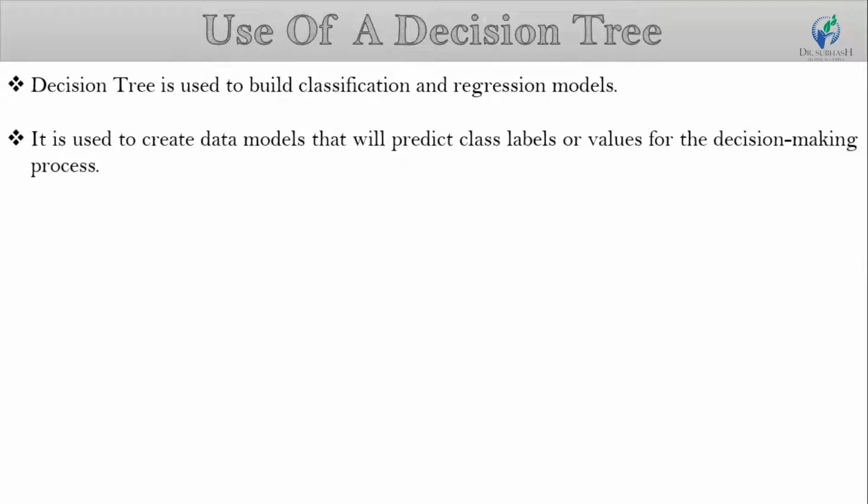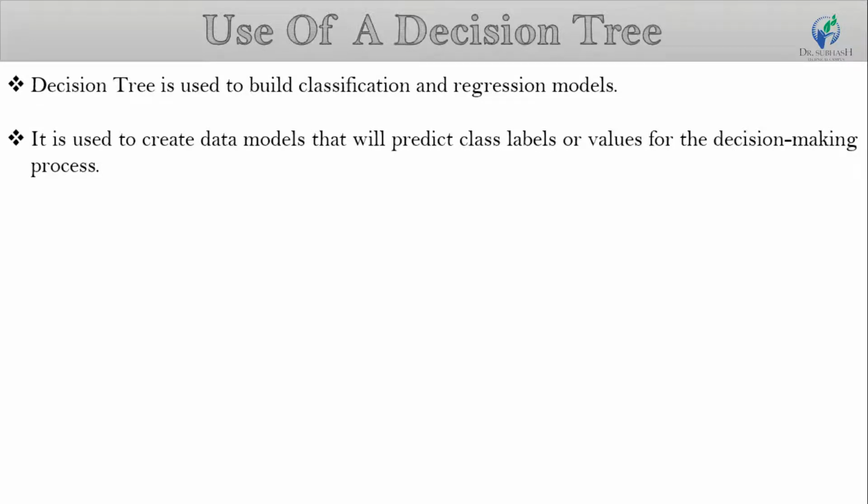The models are built from the training data set fed to the system, or we can say it is supervised learning. Using a decision tree, we can visualize the decisions, which makes it easy to understand, and thus it is a popular data mining technique.